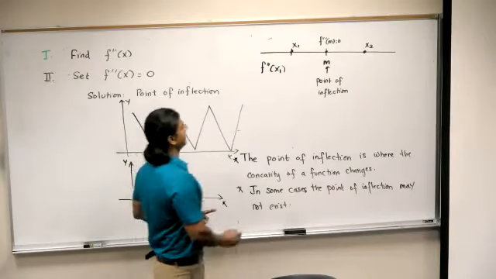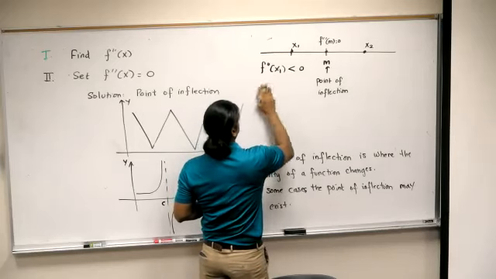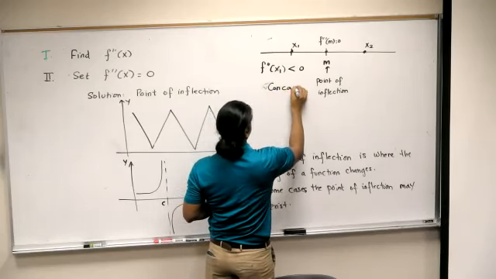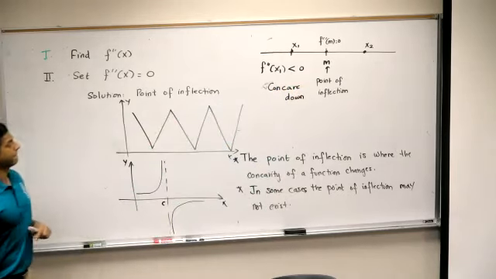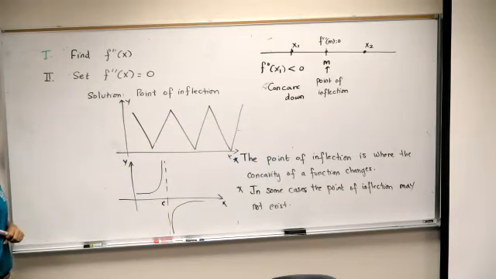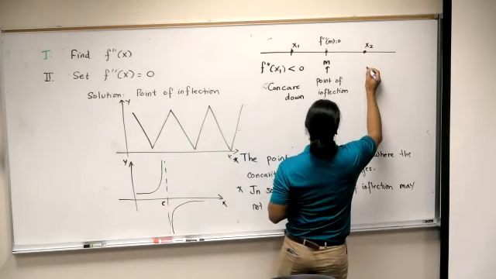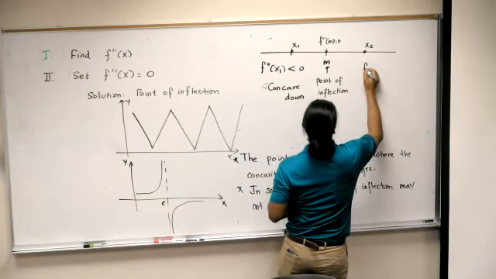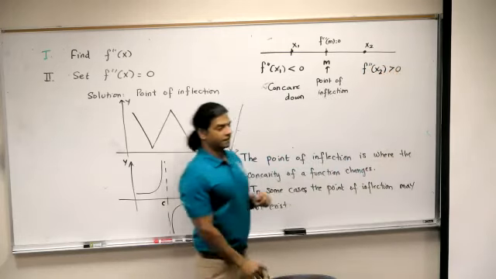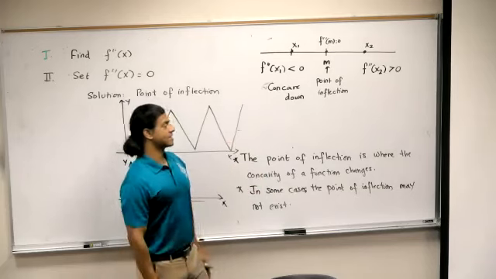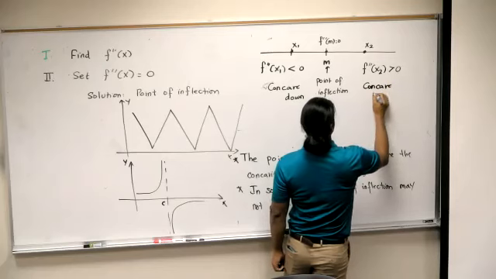If that value is less than zero, then the curve is concave down. If that value is greater than zero, then it will be concave up.